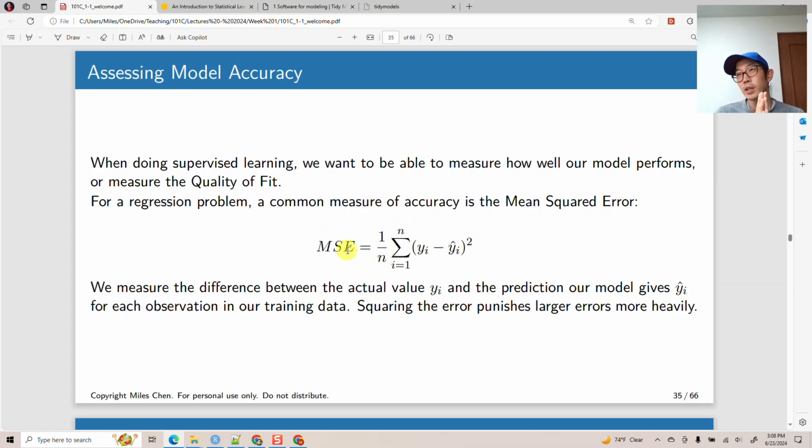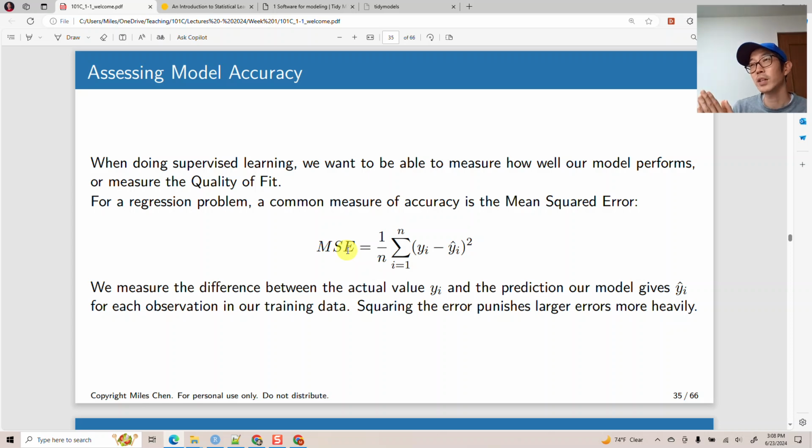Let's say you have another model. Same 10 observations, and it predicts 9 of those observations perfectly, but it gets one of those observations wrong, and it's wrong by 10 points. So one model had 10 observations, all of them wrong by 1 point.